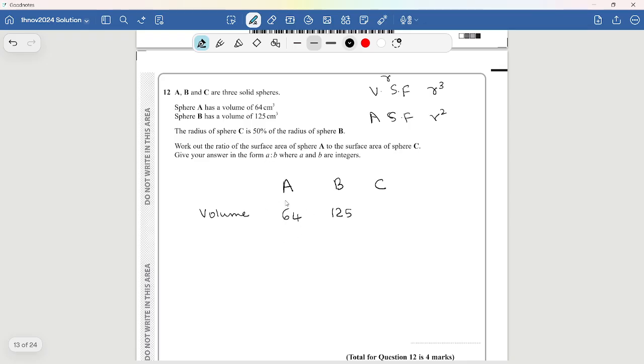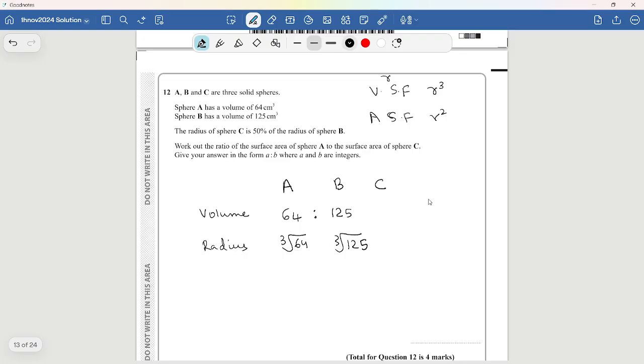The volume for sphere A and B can be written as a ratio of 64 to 125. From volume, I can figure out the radius of these two spheres: if I do cube root of 64 and cube root of 125, then I get the radius of spheres A and B.